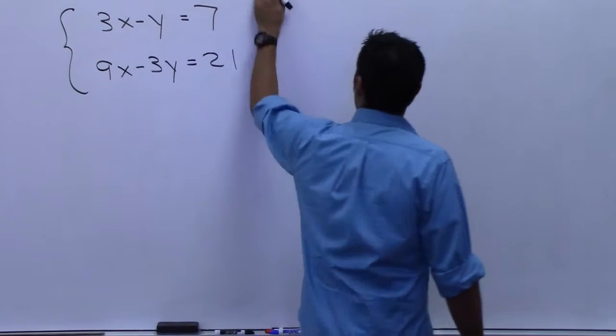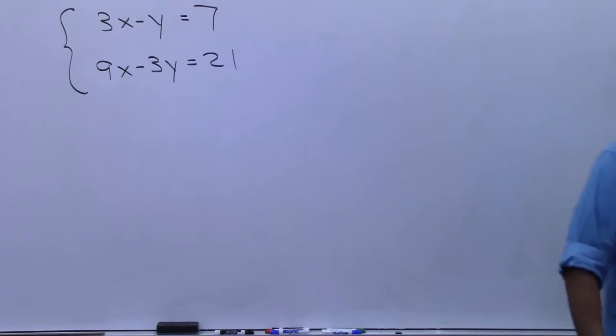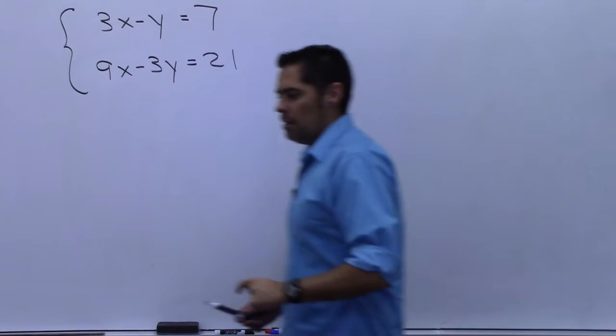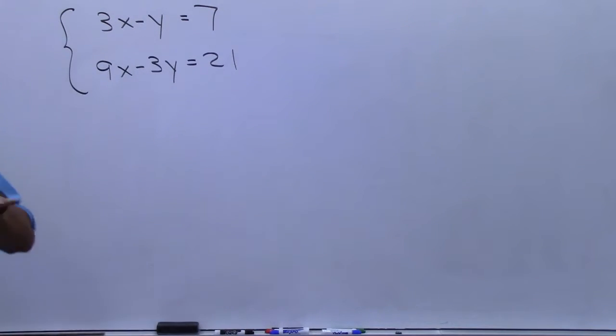Now this is picking up exactly where I left off last class. If you remember the last example, we got something really weird at the end of the problem, and we determined that the lines didn't intersect, that they were parallel lines. So let's take a look here.